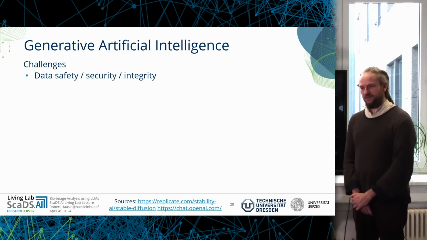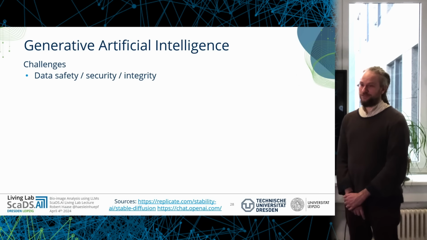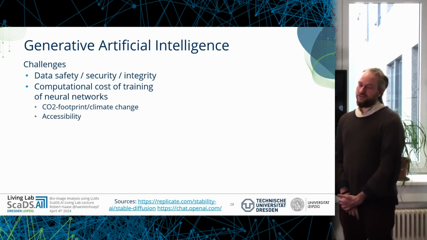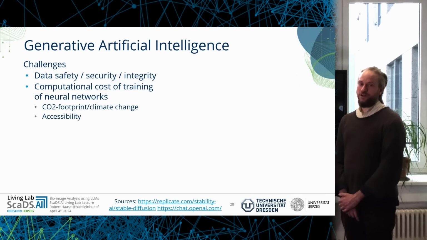So please keep data protection in mind. Do not submit anything to these language models which is ethically questionable to do. Be careful with these kinds of things. We also should think more about the computational costs of training neural networks.